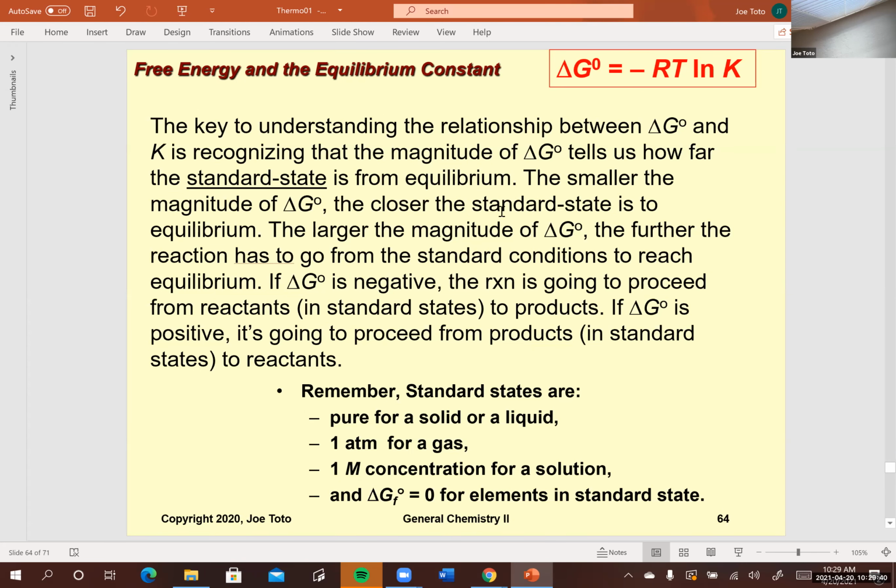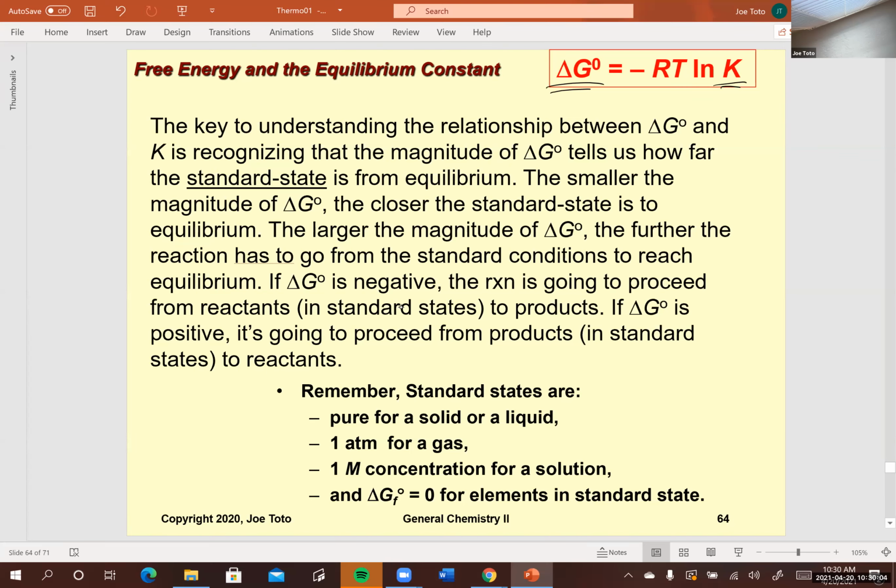And then this plate just tells us how we might interpret the values of delta G and their meaning with K. The sign of delta G tells us whether the reaction is spontaneous or the opposite process is spontaneous.